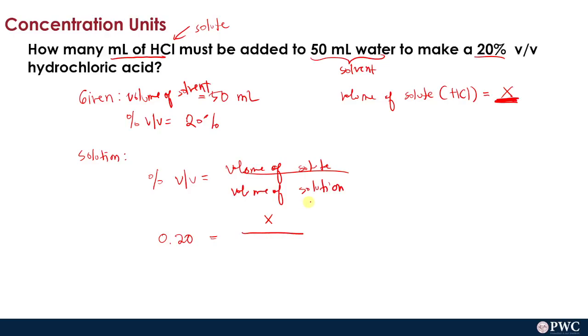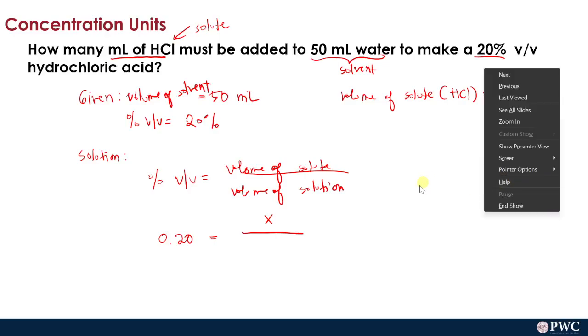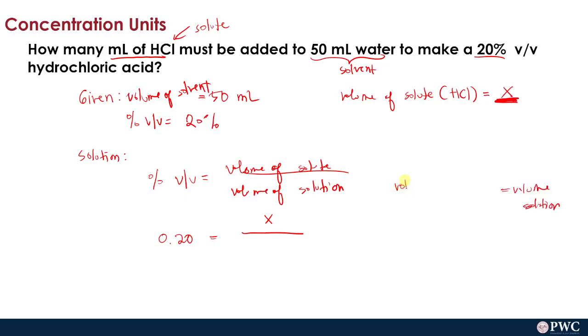Next, the volume of the solution. It's not given, because the 50 mL is the solvent, not the solution. The volume of the solution is equal to the volume of the solvent plus the volume of the solute.